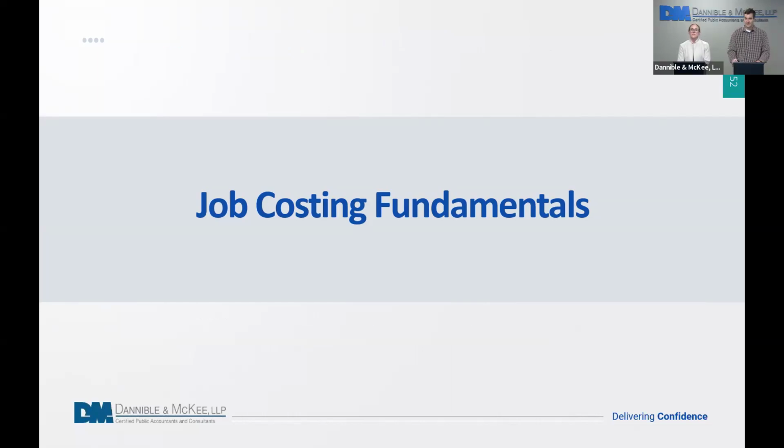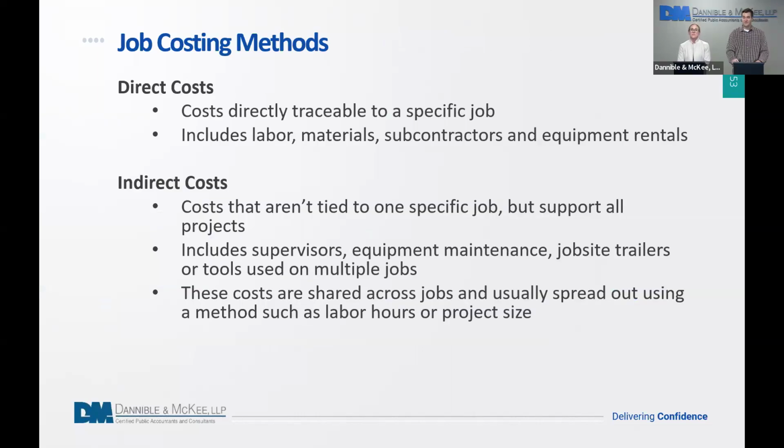Job costing fundamentals. So you have several different costing methods and methodologies when going through costs for contractors. You have your direct costs, which are directly traceable to a specific job. Typically, it's going to include your labor, materials, subcontractors, equipment rentals, items of that nature. You also have indirect costs, right? Costs that aren't tied to one specific job, but maybe they support all projects.